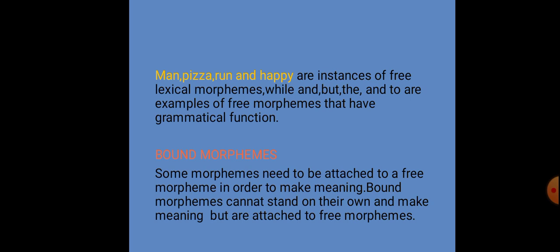Bound morphemes. Some morphemes need to be attached to a free morpheme in order to make meaning. Bound morphemes cannot stand on their own and make meaning, but are attached to free morphemes.